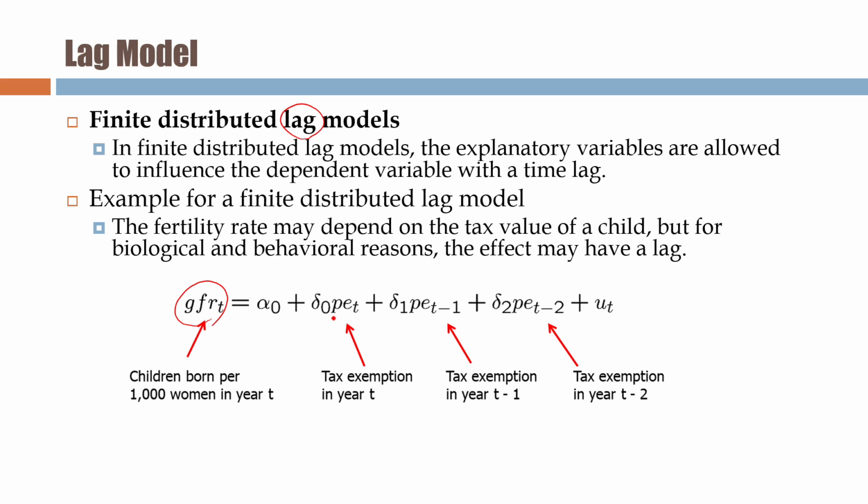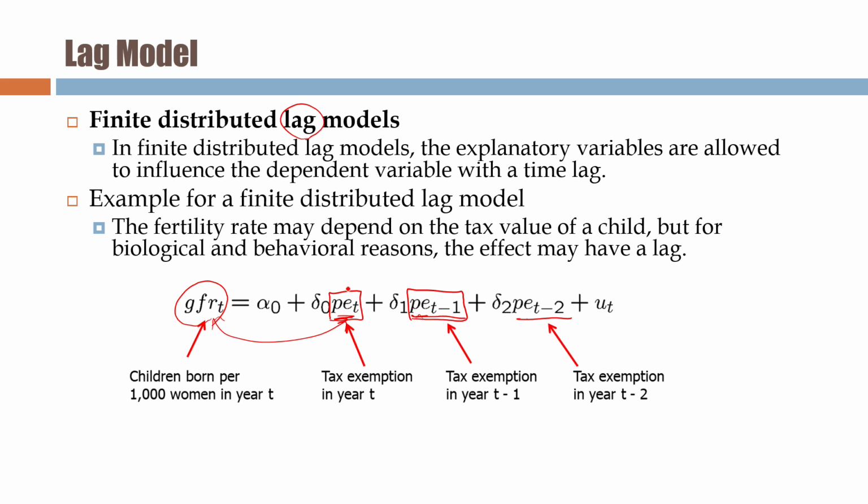So similarly, this is the same information, the tax exemption. So current same year, or 1 year before, or 2 years before.